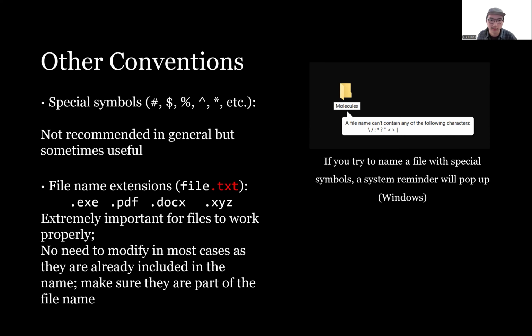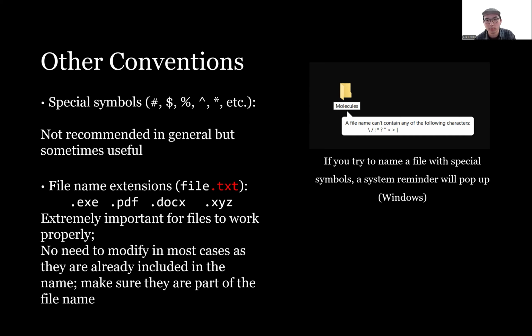And there are also file name extensions. In some systems they are not enabled, so you can't really see them, but there are a lot of different types of files, and they all have different types of extensions. If your system has them enabled, I mean you can see them, but if you can't see them, it doesn't mean they don't exist. It's just that the system has a setting to hide them, and I'll tell you how to enable it. These are pretty important for files to work properly.